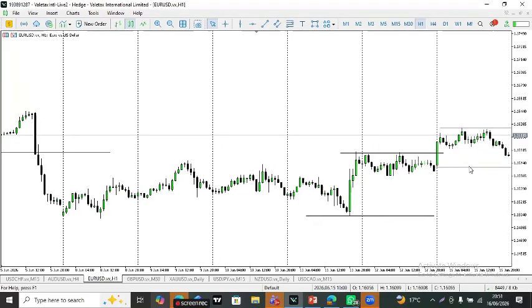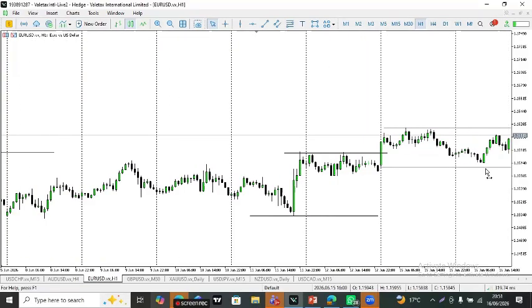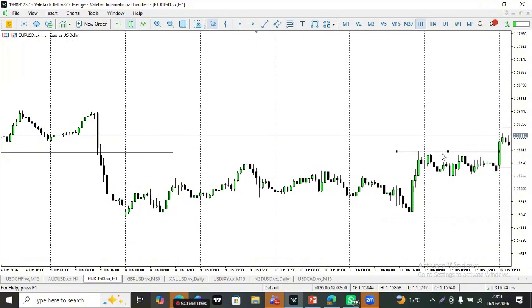Now look at what happened. I think it is yesterday? Yesterday. So now I've marked that high there. This day price never took out that high. Now again, update it to this new high here, and then the low there, the lowest price traded that day.